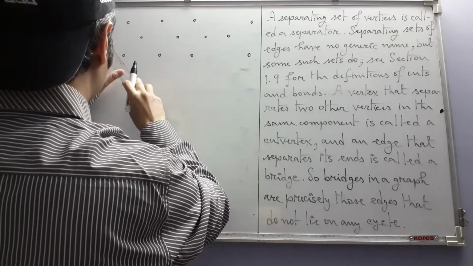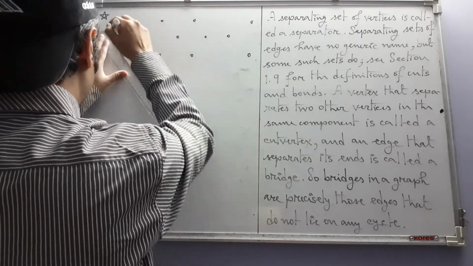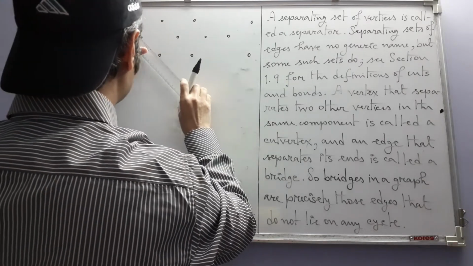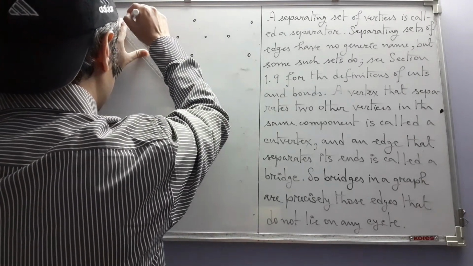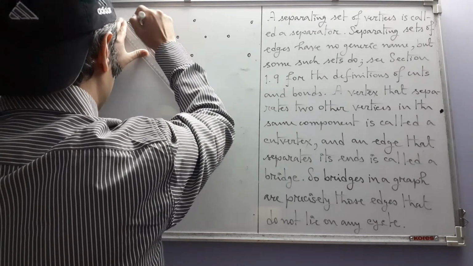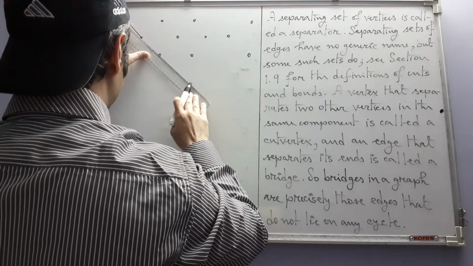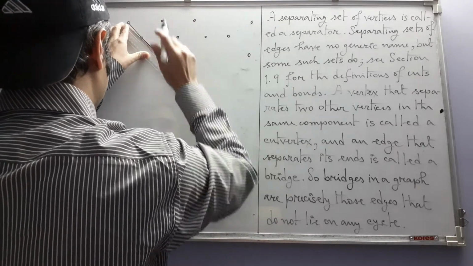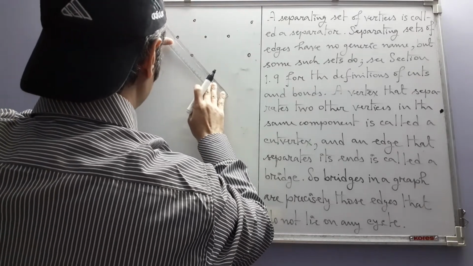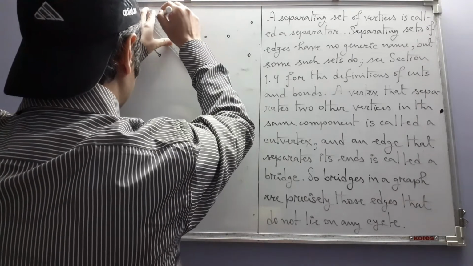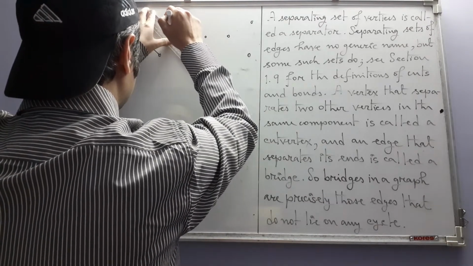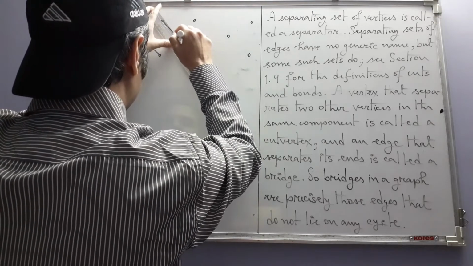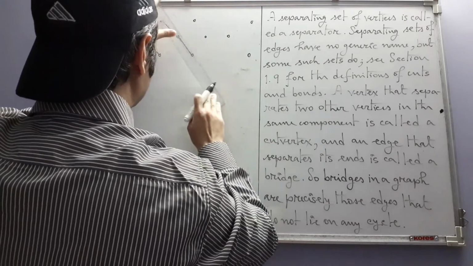In fact, no one will bother to draw these things using rulers, because it does not really matter how you draw the edges. The edges can be curved, not necessarily straight lines, and they can be drawn in any manner. But it looks good, so just for the sake of looking good, I am using the ruler.